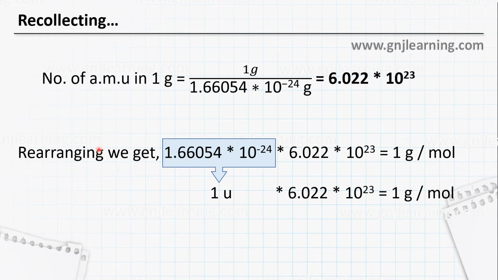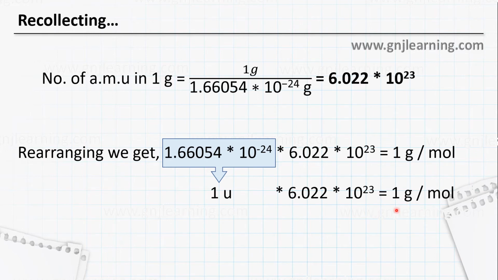If you rearrange this, you get 1.66 into 10 raised to minus 24 grams, this mass, into the number, and I will get 1 gram per mole. So this mass here represents 1 u. If you multiply this 1 u with our Avogadro number, the number that represents a mole, what you get is 1 g.